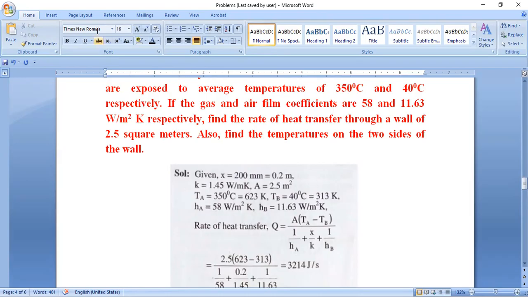Rate of heat transfer is equal to 3214 joule per second.